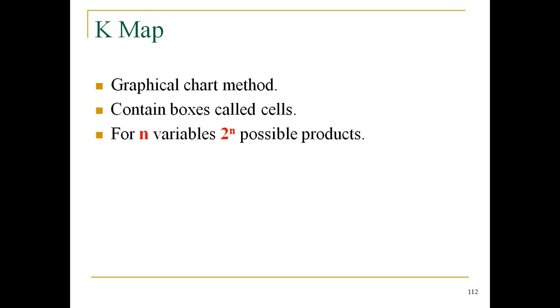According to that, the number of inputs is the number of variables. So based upon how many inputs there are, the number of cells is calculated by using the 2 power n formula.